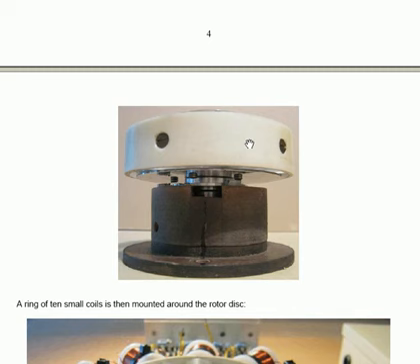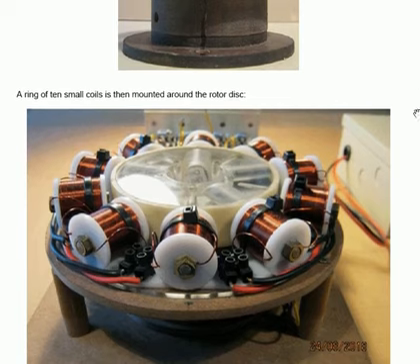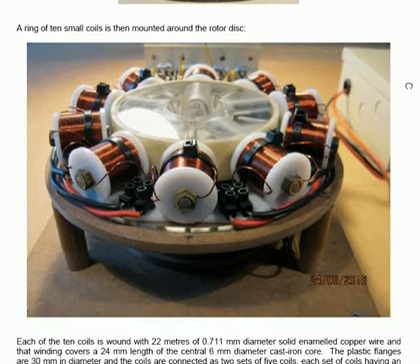A ring of 10 small coils is then mounted around the rotor disc. The coils are small, they're very neatly wound because the guy doing it is very accurate in his construction. The stand there supports the set of 10 coils.